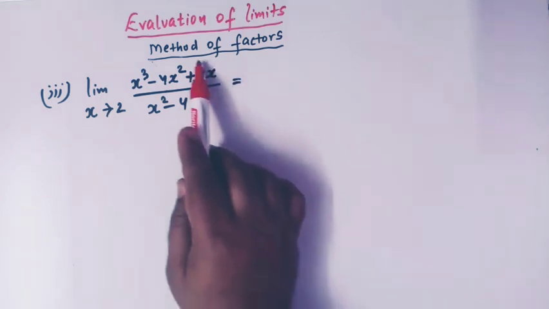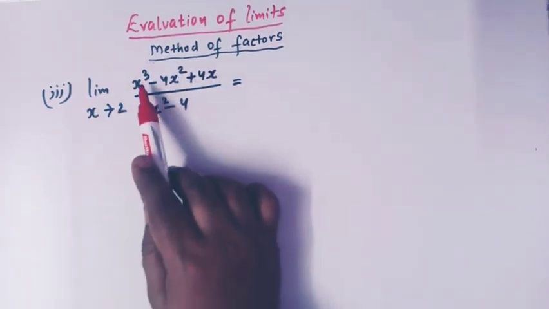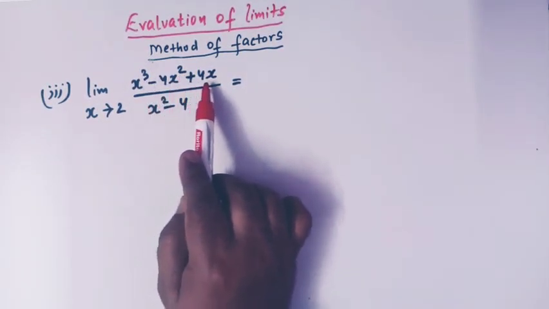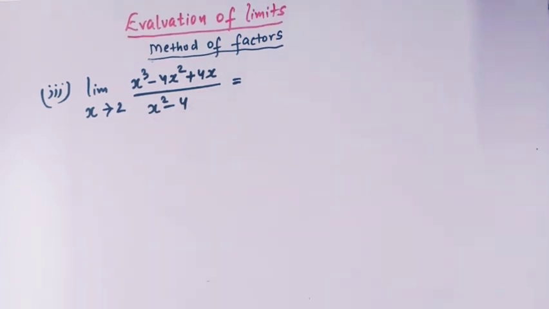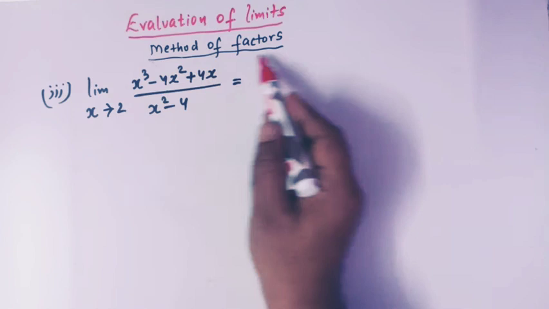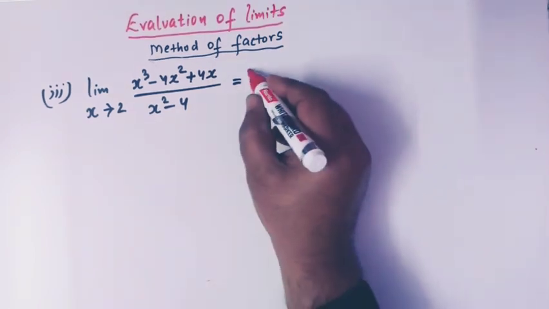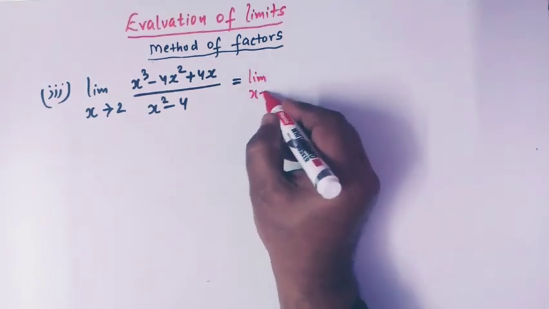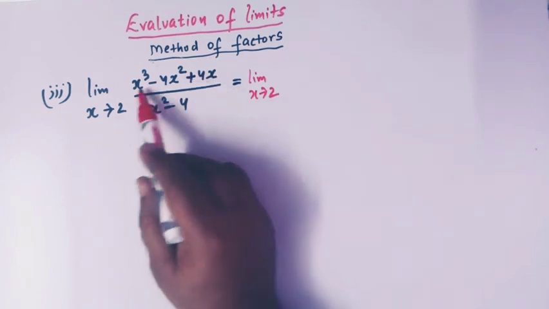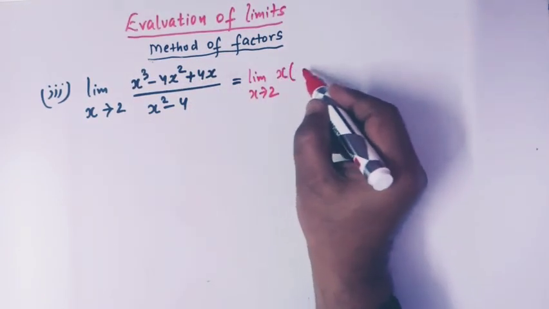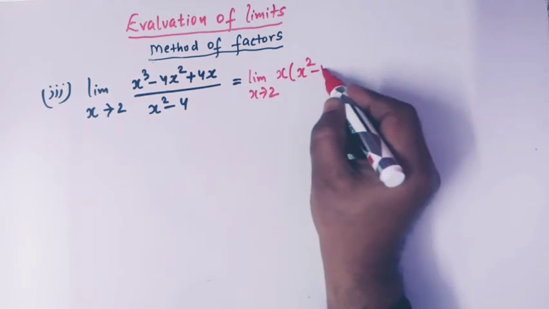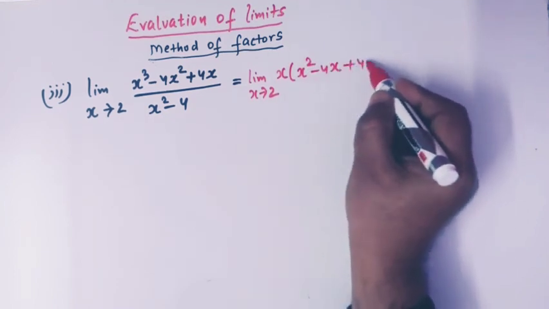Here we have to evaluate the limit as x tends to 2 of (x cube minus 4x square plus 4x) divided by (x square minus 4). So here again we'll make use of the method of factors, and here we'll take x common from the numerator. So we have x square minus 4x plus 4, right?